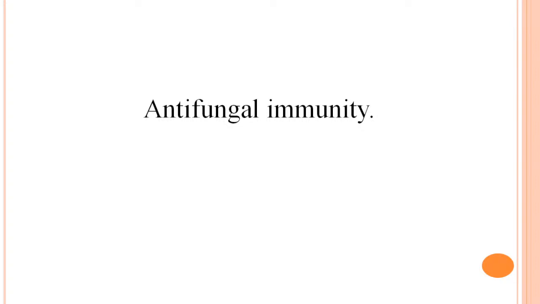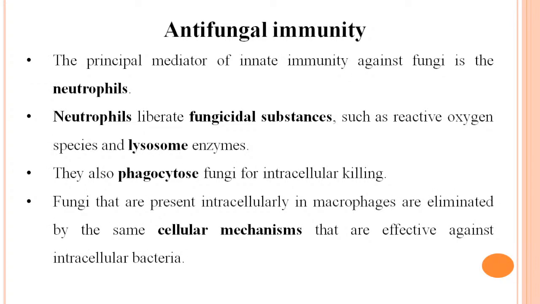The next one is antifungal immunity. What happens with the immune system, which immune mechanisms are activated in fungal infections? You remember that fungi cause diseases that are called mycosis. There are some groups of mycosis.